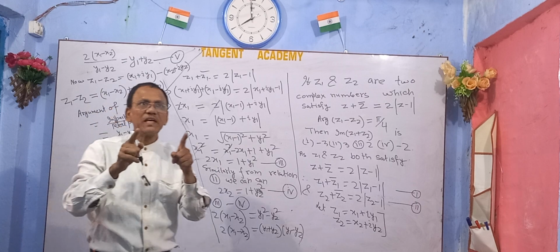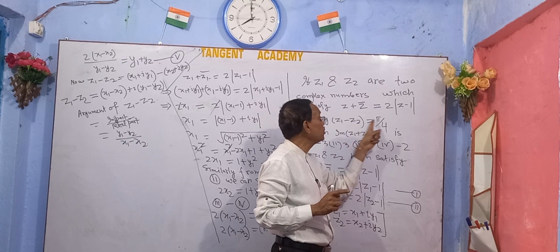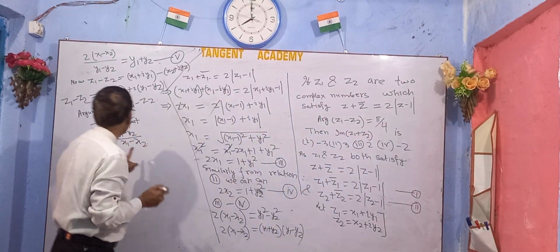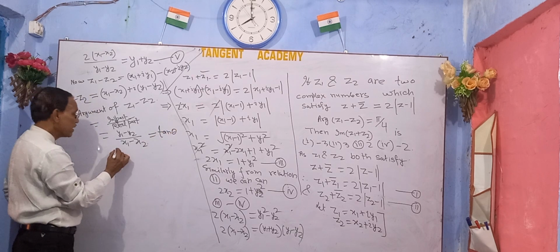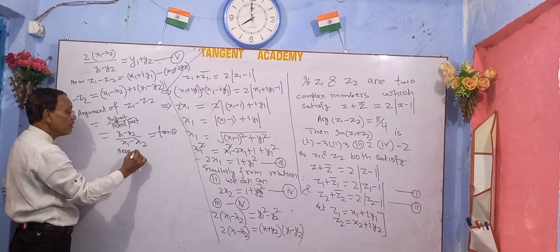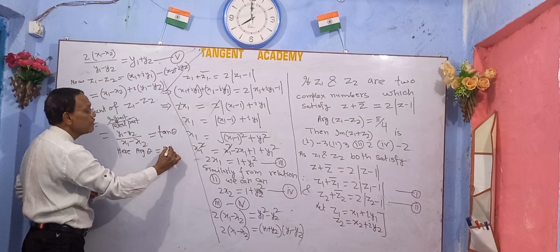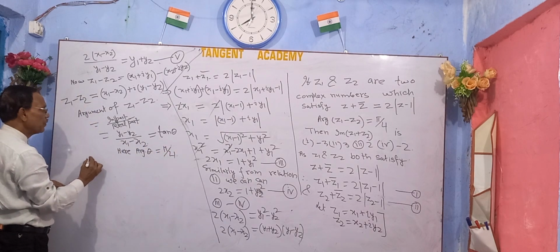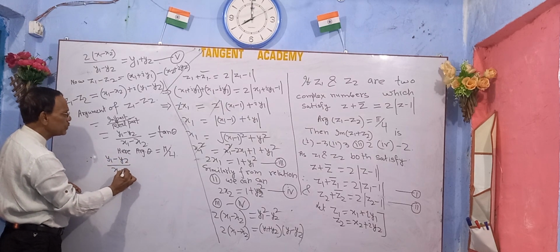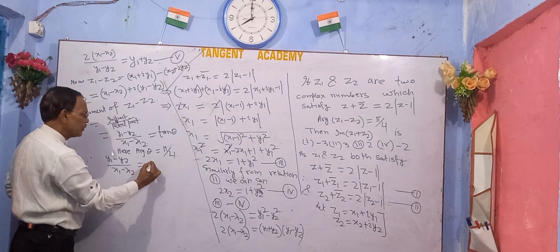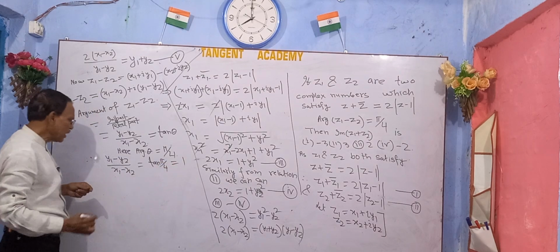But from the question, the argument of z1 minus z2 is pi by 4, and argument is nothing but tan theta, where theta is given as pi by 4. So y1 minus y2 divided by x1 minus x2 gives tan pi by 4, which is equal to 1.